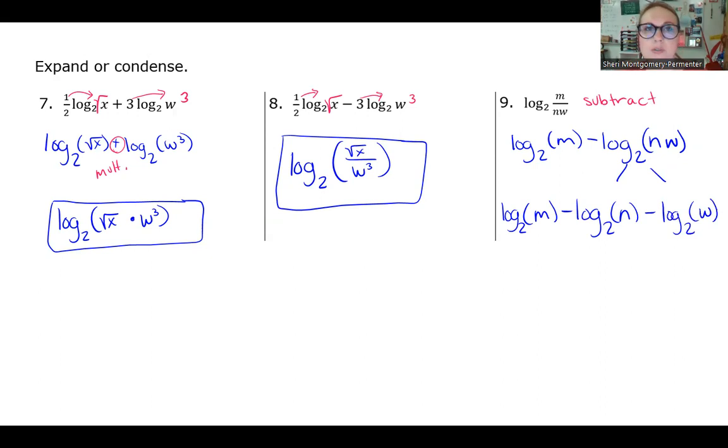So I wanted to do this one as an example because they are both written on bottom. They have to both subtract. If we did this one as addition, it wouldn't work because then the w would get written on top. Does anybody have a question over why this one you have subtraction even though you're multiplying on the bottom? Anything that goes into the bottom has to be a subtract.